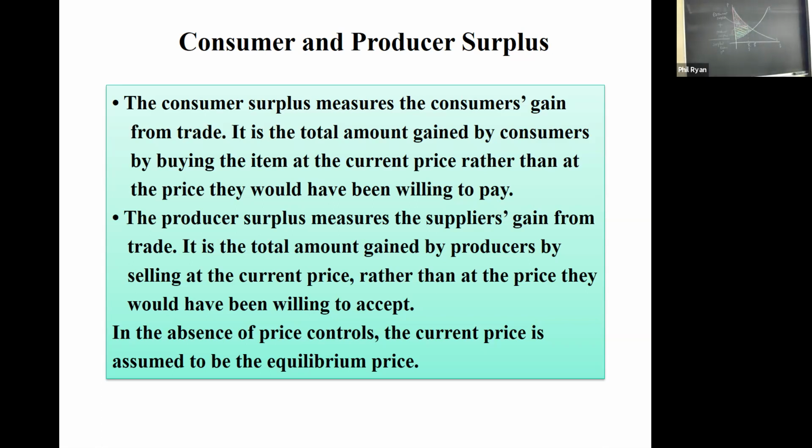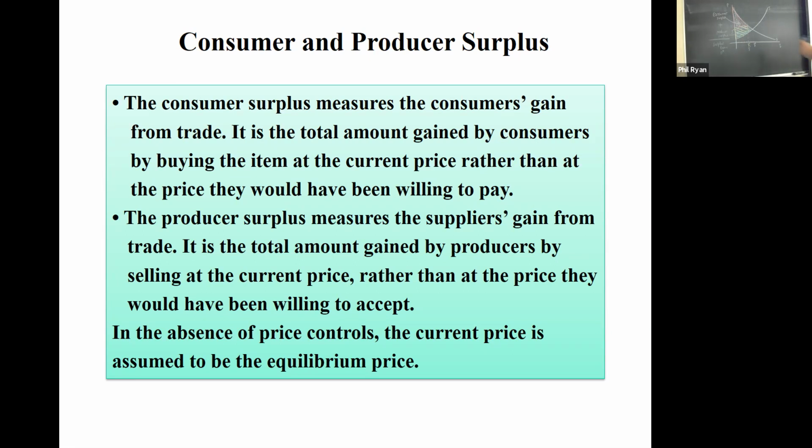The producer surplus measures the supplier's gain from trade. It is the total amount gained by producers by selling at the current price, rather than at the price they would have been willing to accept. So this producer surplus, that's the supplier's gain from trade.